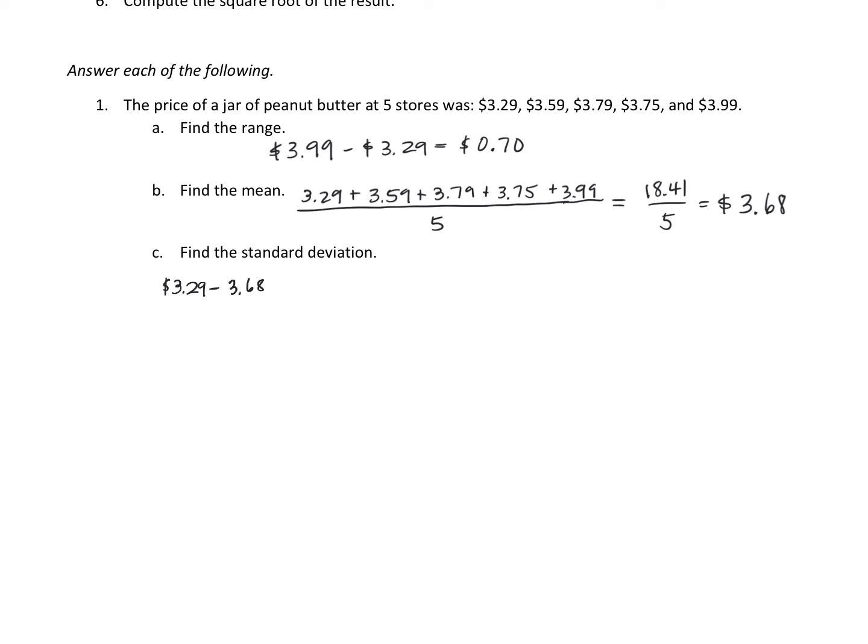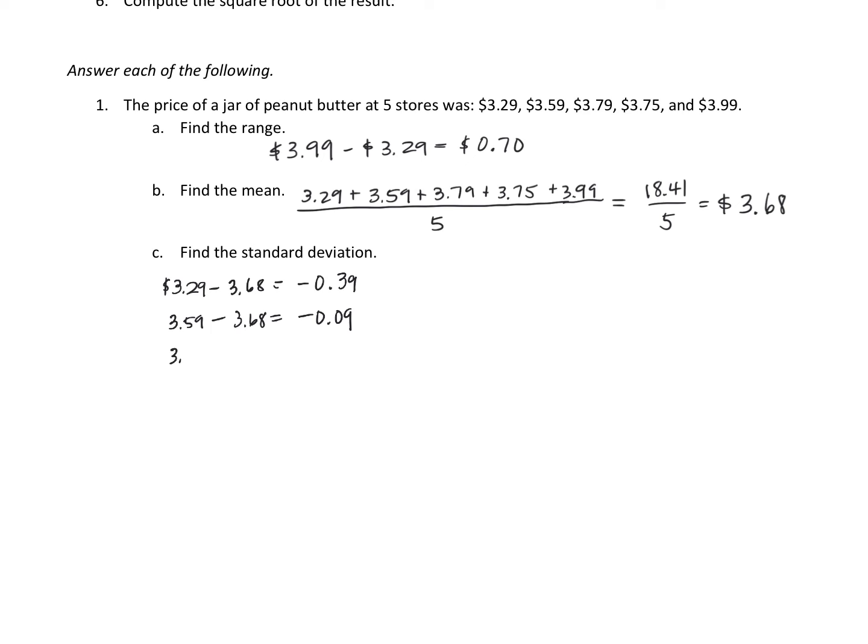So for that we'll get $3.29 minus $3.68, and we get negative 39 cents. Then we have $3.59 minus $3.68, and we get negative 9 cents.